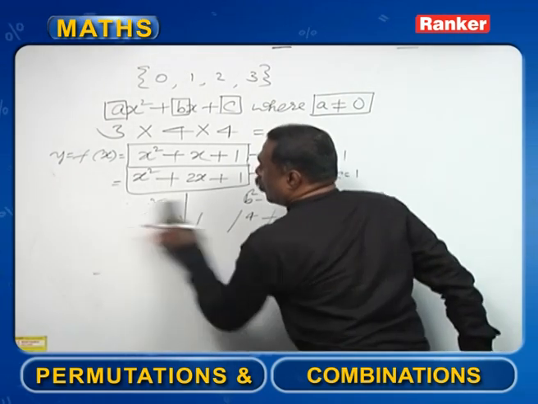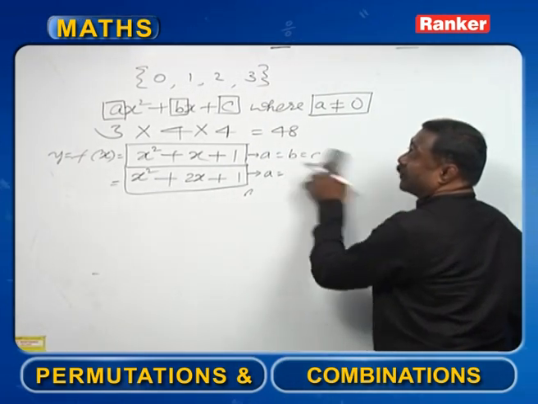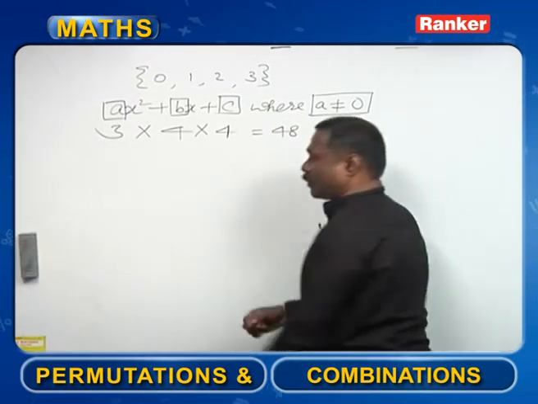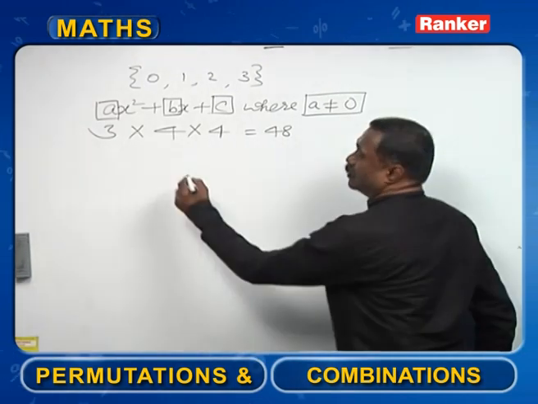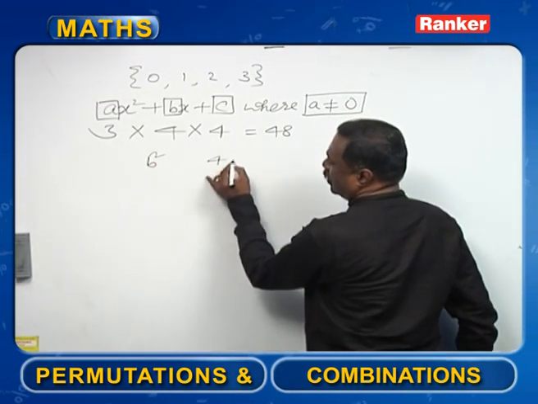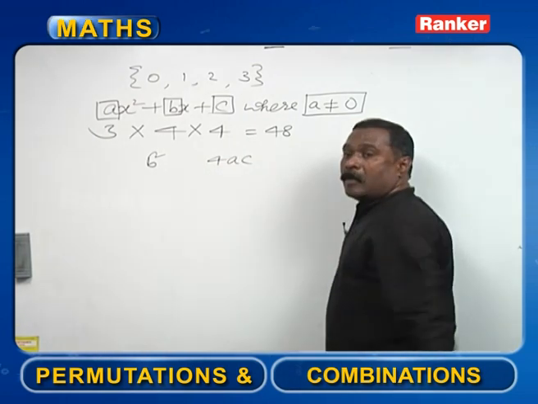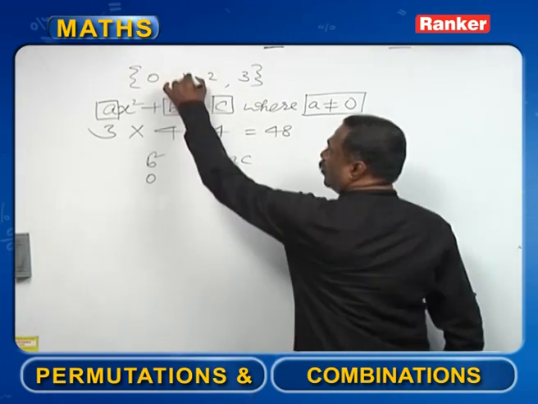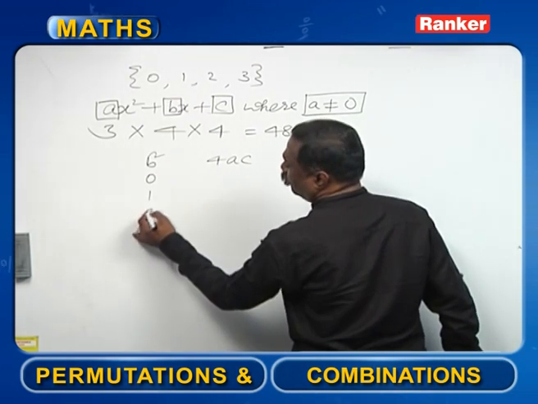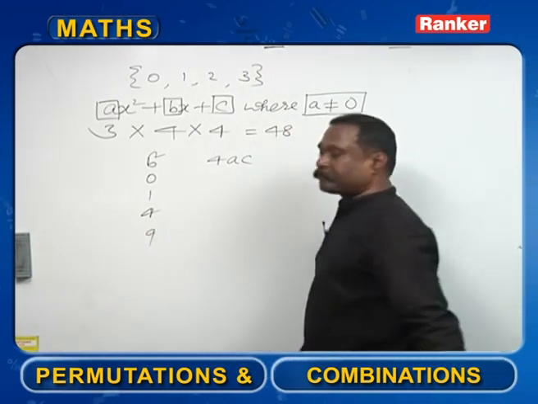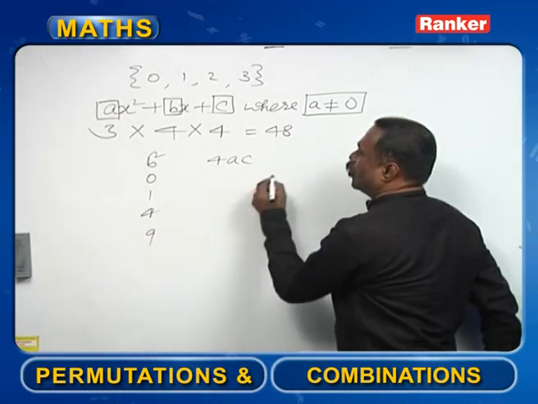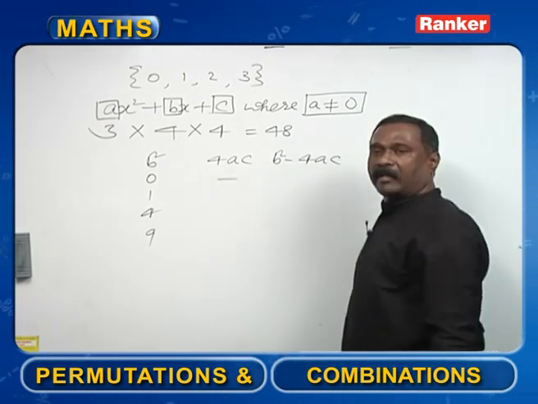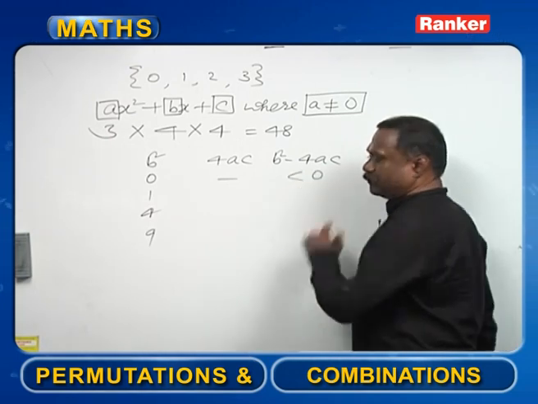So now how many such expressions will be there whose graph touches the x-axis? Then you consider b square, you consider 4ac. b square, if b is 0, can be 1, 1, 2 square, 4, 3 square, 9. Now understand, when b is 0, b square minus 4ac, for whatever the value of 4ac, will always be less than 0.